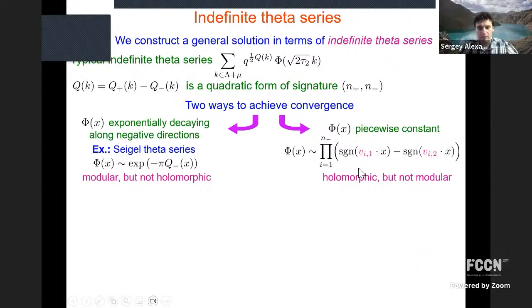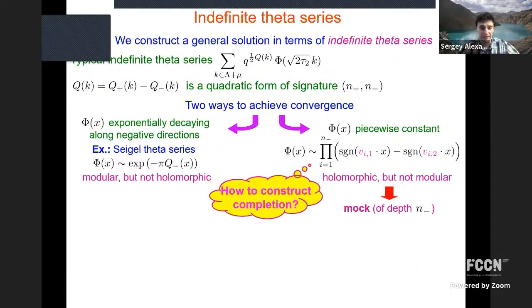So we get a holomorphic theta series, but the problem now is that it's not modular, because the signs spoil modularity. This is the standard situation of mock modular forms, and these indefinite theta series are standard examples of high depth mock modular forms, where the depth is equal to the number of negative directions. And at this point, you can ask the following question. We have these mock modular forms. How do we construct their completions?